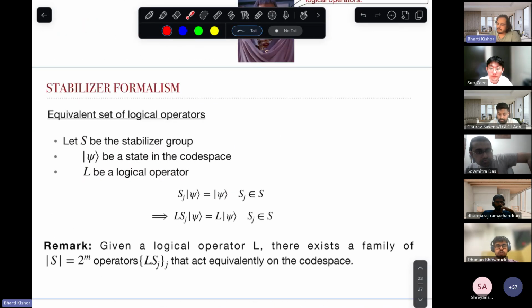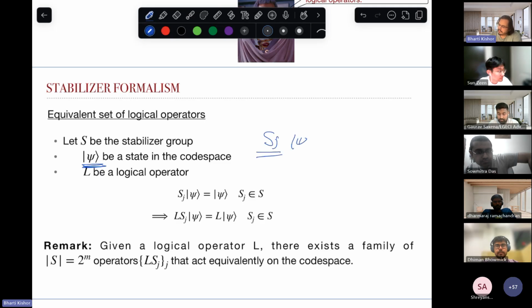So notice that, let's say psi is some state in the code space, and let's say L is some logical operator. Because psi is a state in the code space, and let's say Sj is some stabilizer, under the action of Sj, psi should remain psi. So if you do L Sj psi, that is the same as doing L psi.